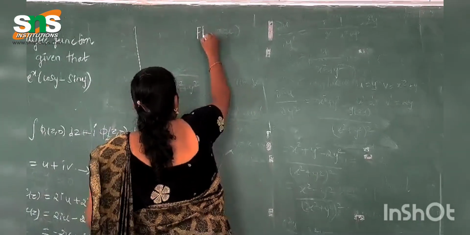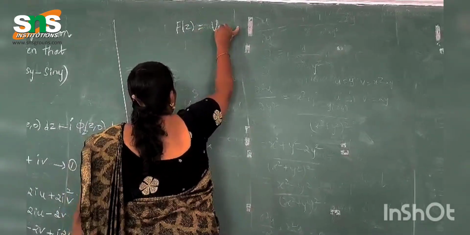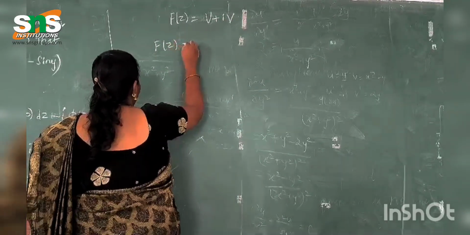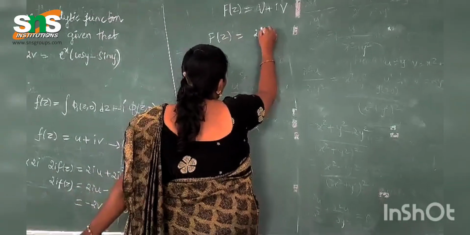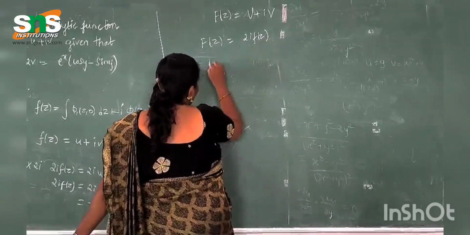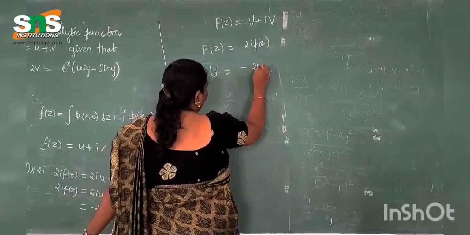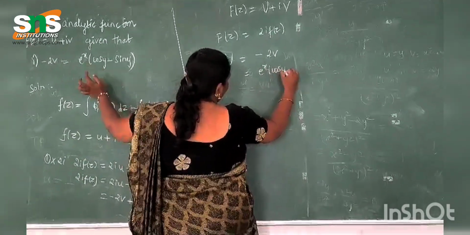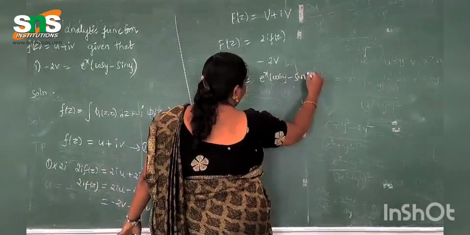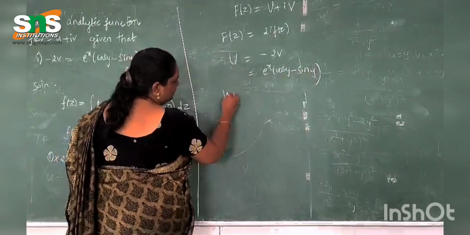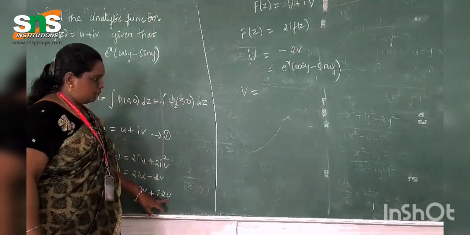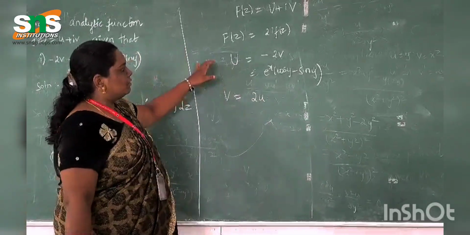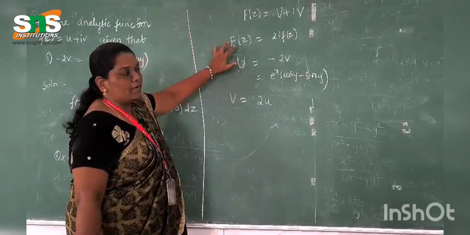Capital F of z equal to capital U plus i into capital V. The capital F of z is nothing but 2i f of z, and capital U equal to minus 2v, the value of the function, e power x into cos y minus sin y, and capital V is nothing but 2 into u. So before i we write 2 into u instead, and we have the values u, v, f of z as they are.